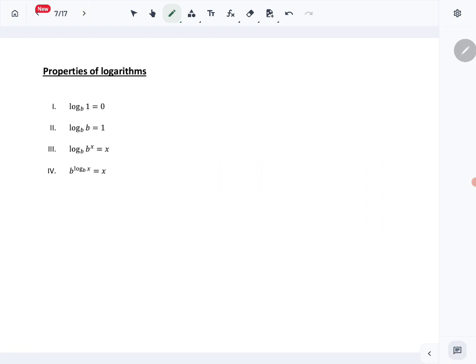Then we need to know some properties of logarithms. The first property is log of 1 to any base is equal to 0. We can quickly prove it if we want. We want to find log of 1 with any base, which is b. Log base b of 1, let's equal it to y.